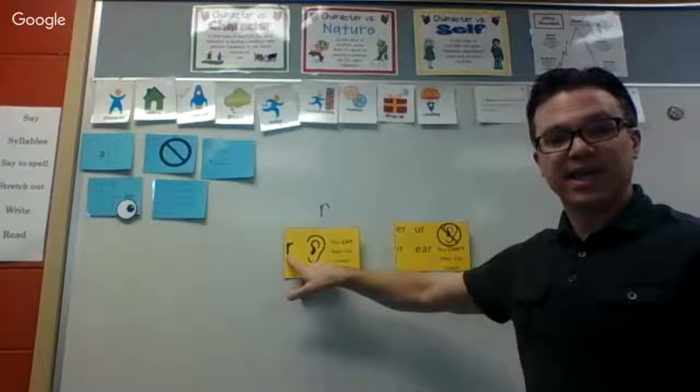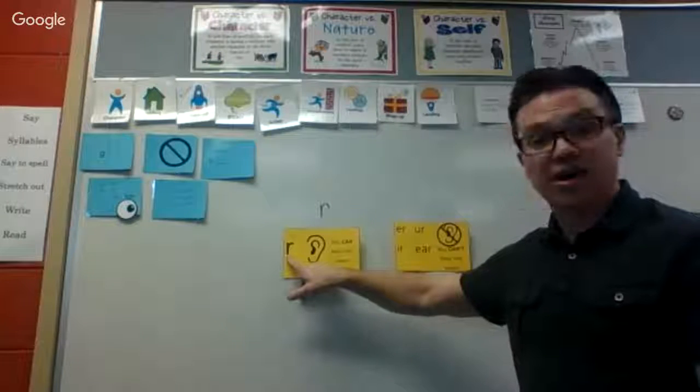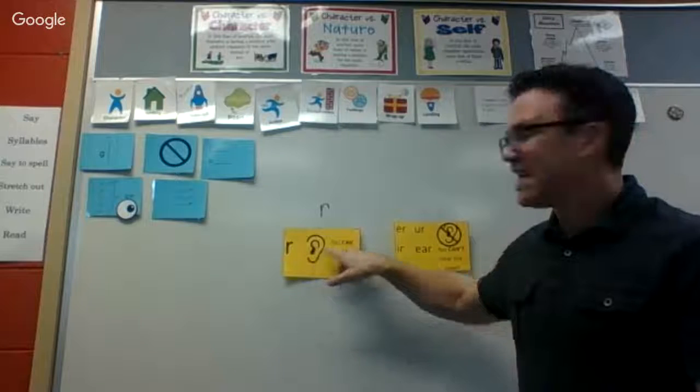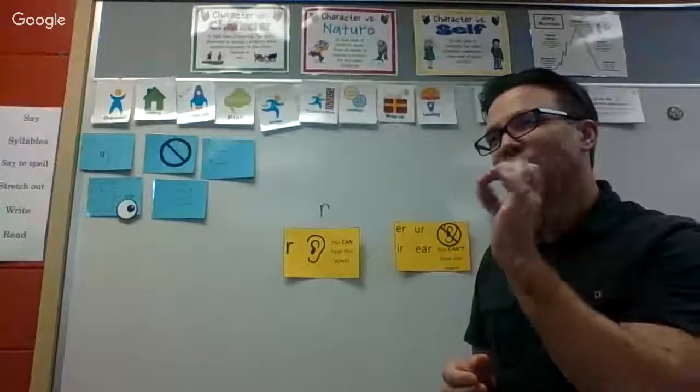See how this is a plain R? It's our R consonant, right? And it just goes what? What sound does the R make by itself? Right? See my ear? It says you can hear the vowel, okay? So I want to give you a word, and I want you to see if when I say the word, you can hear the vowel sound.